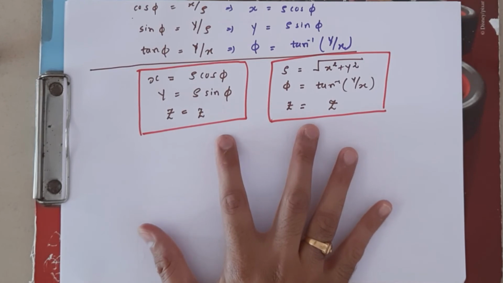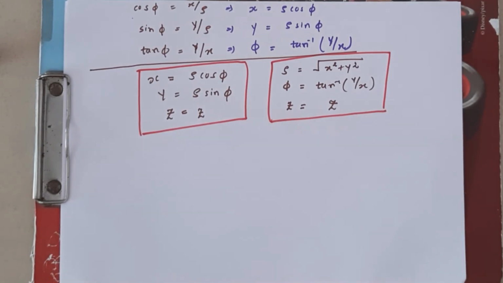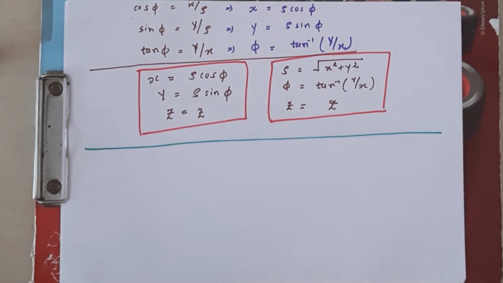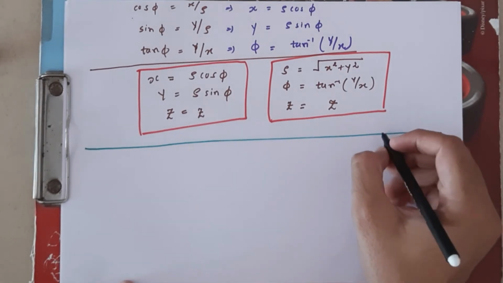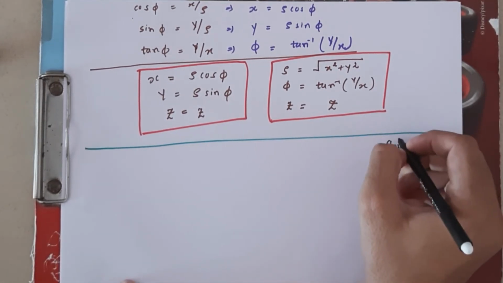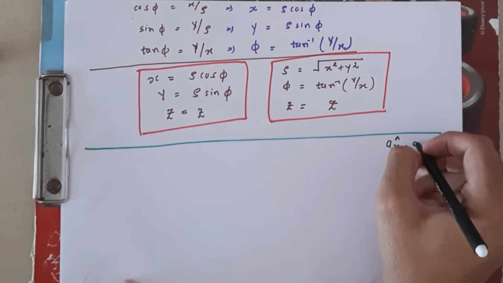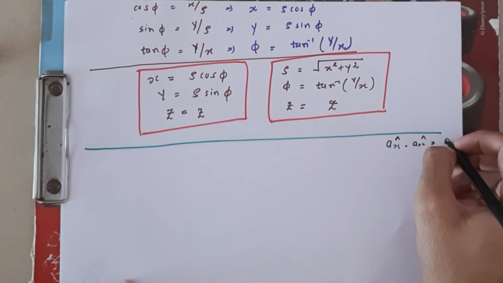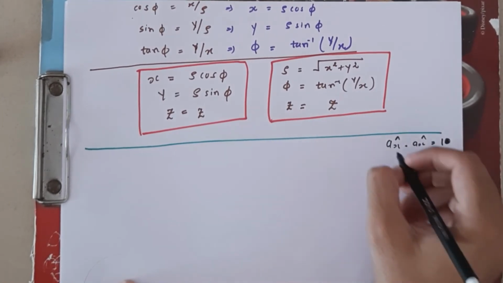Now the question is, as we know, we have already studied dot product and cross product. For dot product and cross product, we know some formulas: ax dot ax, answer is 1.